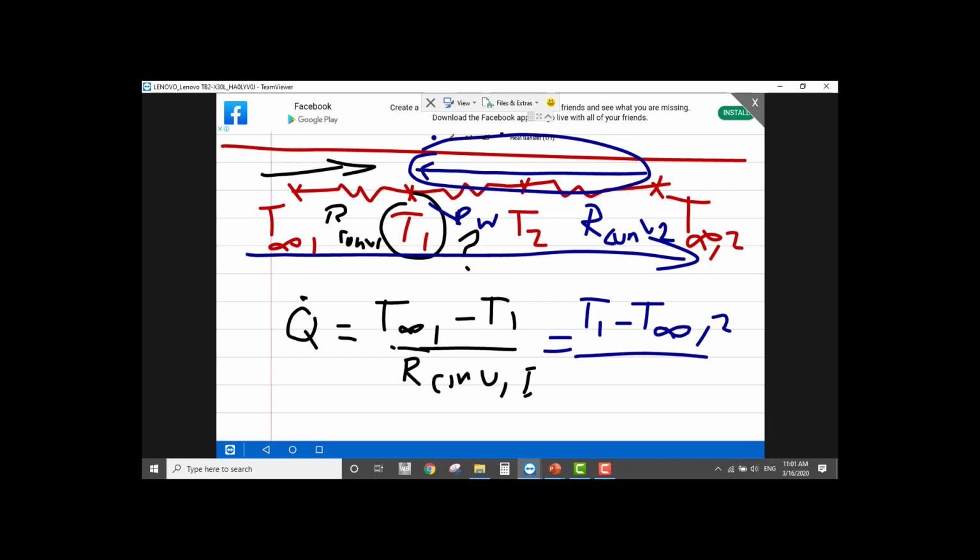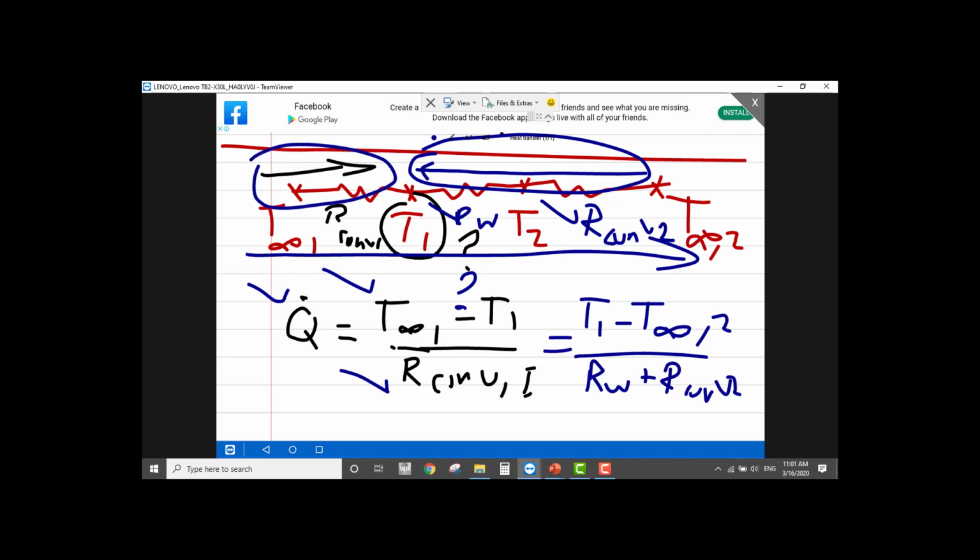We have R wall and R convection 2, both in series. So we write R wall plus R convection 2. Q known, T infinity 1 known, R convection 1 known, so we can find this unknown if we tackle it from this direction.